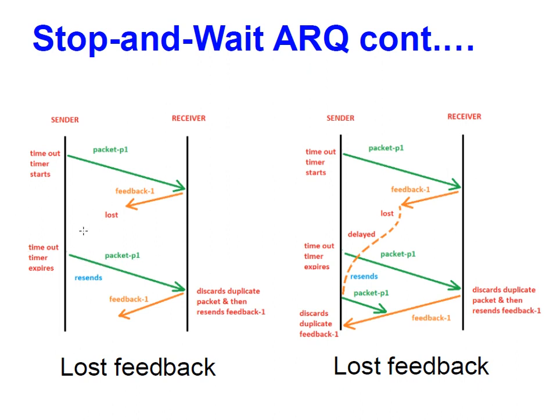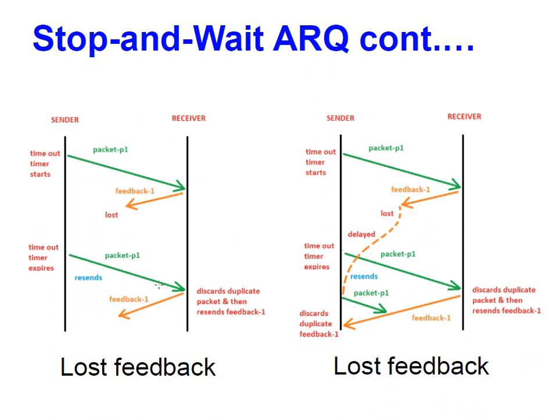Now here the important thing is that in this case a deadlock situation may occur because the same packet is being received. So to avoid that, with the sequence number of the packet, once it is received, it will identify that this is the packet it has received. So it will not save that packet over the top.